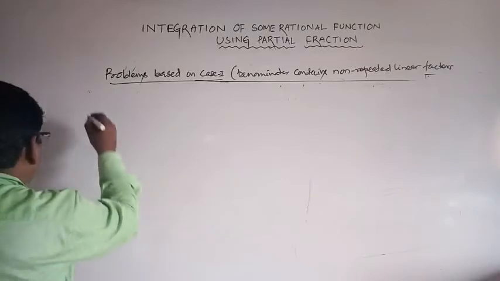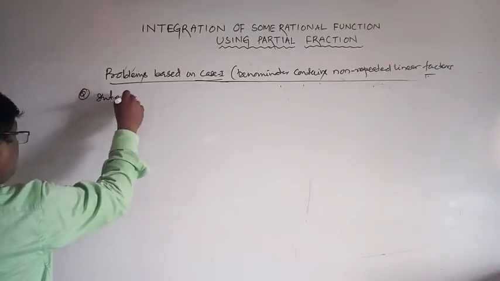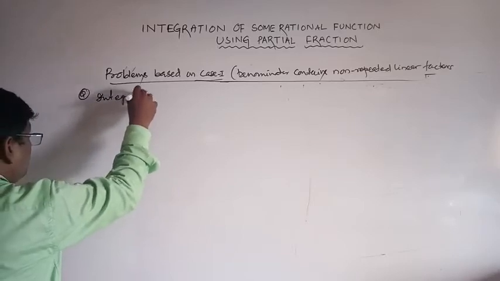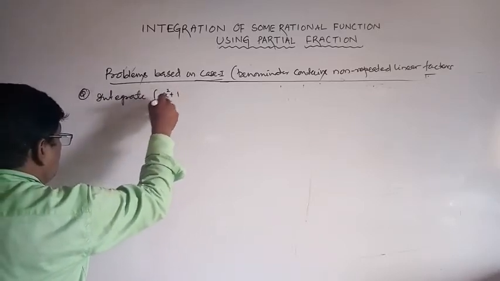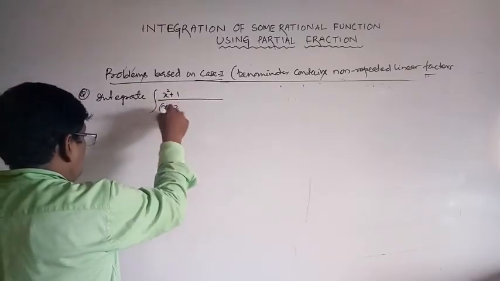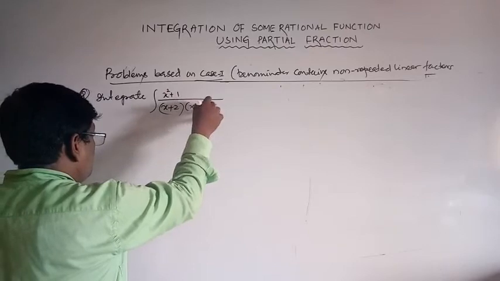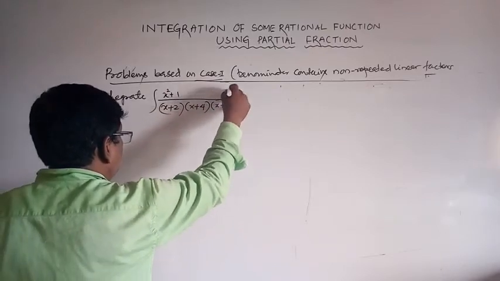Questions. Integrate (x square plus 1) divided by (x plus 2)(x plus 4)(x plus 6) dx.